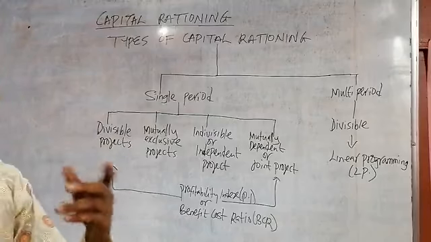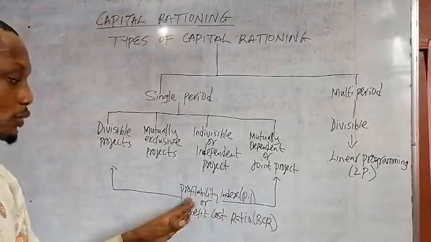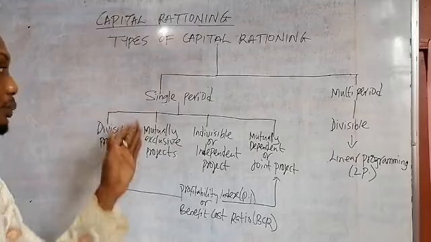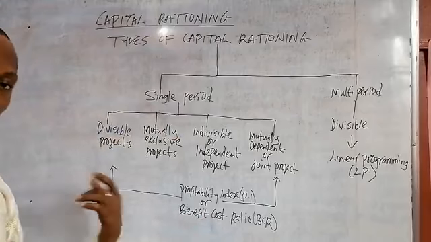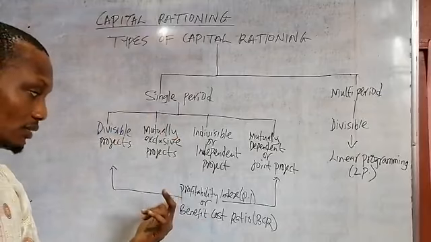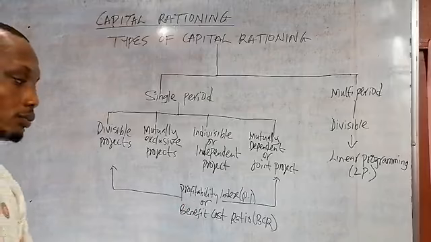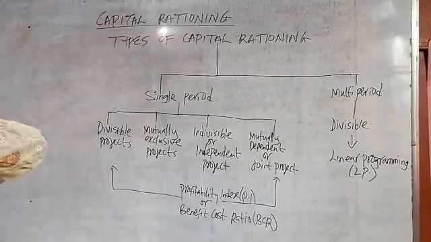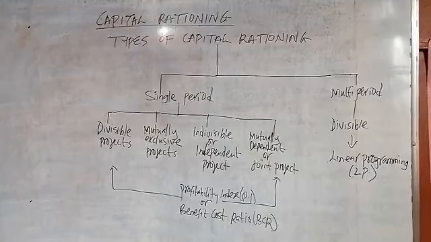So the decision criteria will be based on the profitability index. You have to compute your profitability index, or the BCR, for any project under single period, which you have spoken about. If you have not watched the video, kindly look for the video on profitability index, watch it and you will understand what I'm talking about here.